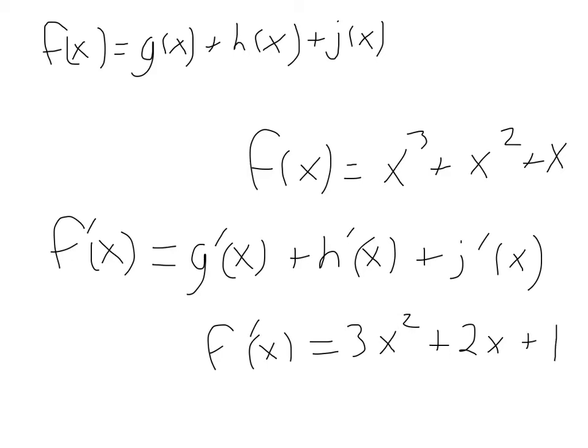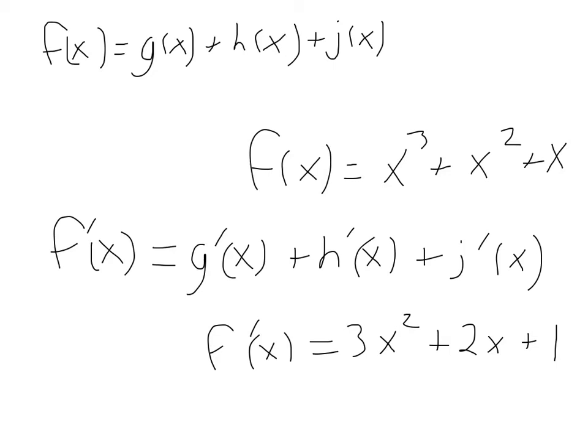This time I just picked x cubed and x squared as functions, but it could have been any of them. It could have been sine of x, or e to the x. If you have any of the functions that we've covered just added together, you just take the derivative of each one and add them together.